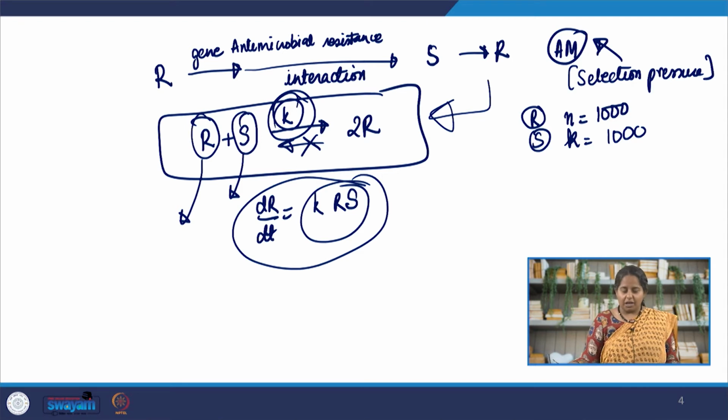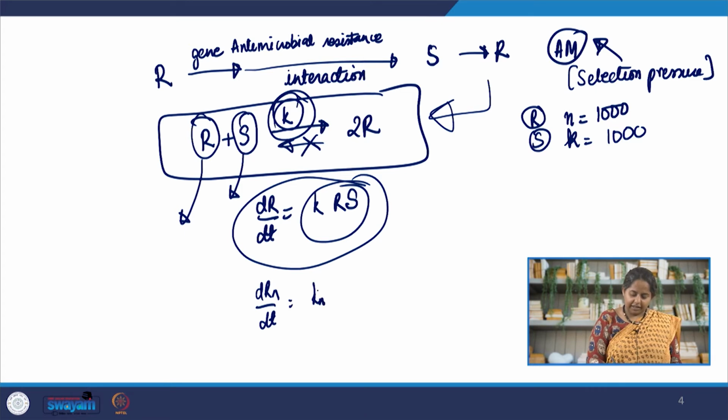For each of them, I need to write a different equation: dRn by dt is equal to Kn Rn Sk. You can see we'll have multiple combinations of these. Different kinds of sensitive bacteria can acquire resistance from different kinds of resistant bacteria. So we'll have a humongous model on our hands.